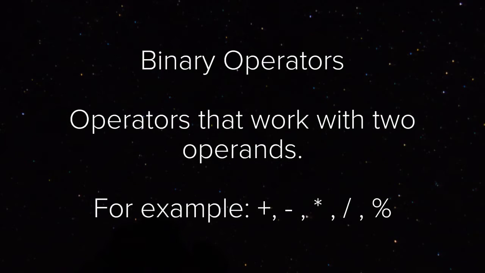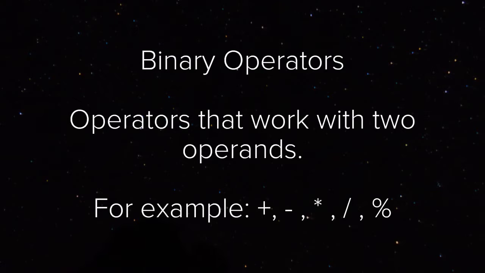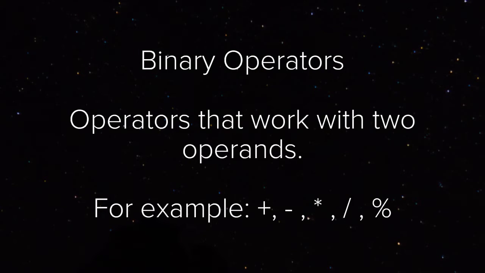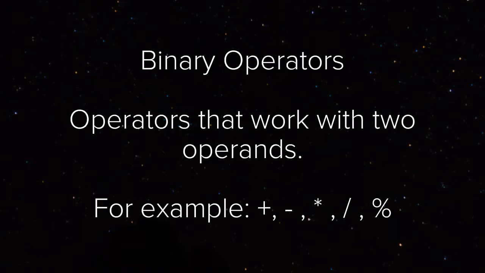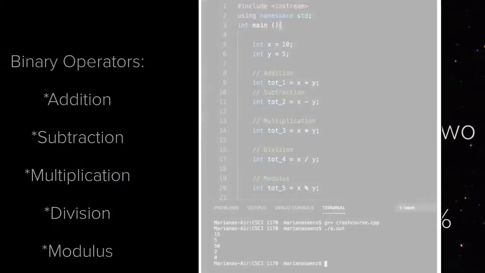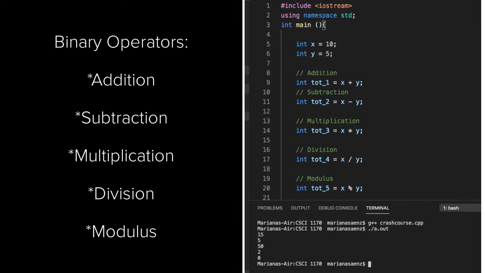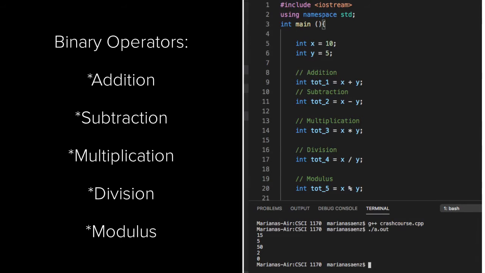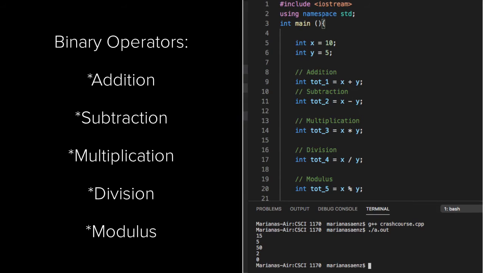Operators that work with two operands are binary operators. The arithmetic operators that fall into the binary operators category would be addition, subtraction, multiplication, division, and modulus. As I mentioned in the previous slide, binary operators include addition, subtraction, multiplication, division, and modulus. The first four mentioned are pretty self-explanatory.